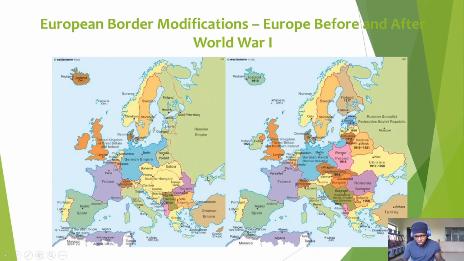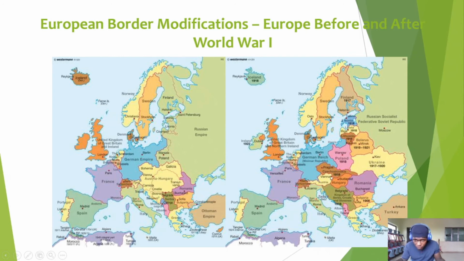After World War I, after 1918, even look at Britain. You had Ireland then. Then, look over here. Germany, look how large it was, the German Empire. Sliced off. See? Look at Austria-Hungary over here. It doesn't exist anymore.